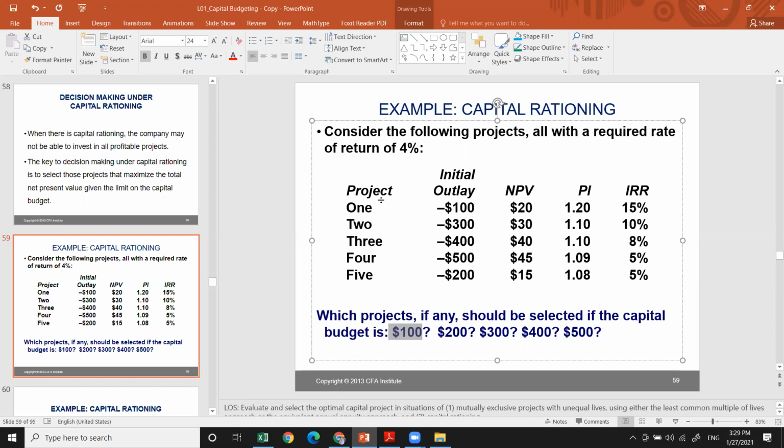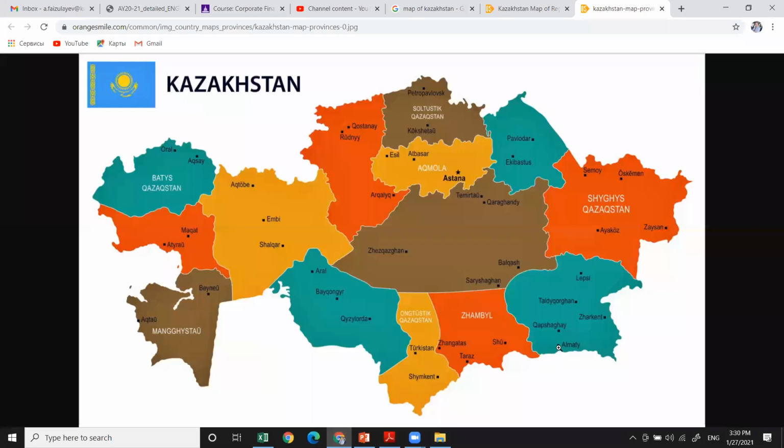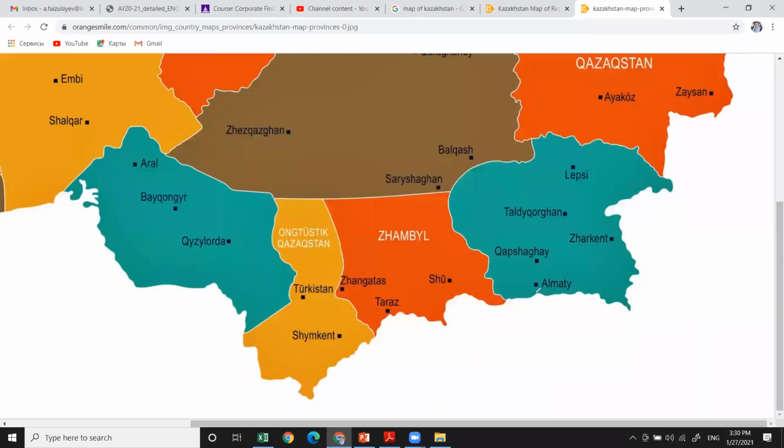If the population of Almaty is 4 million, I don't assume all 4 million will consume from me. I assume maybe 100,000 people from a certain district, this small part, will try to capture my market share. I cannot say the whole Almaty will be mine.